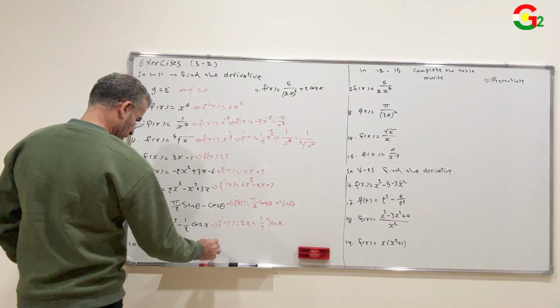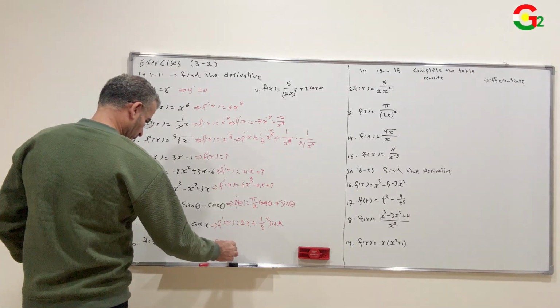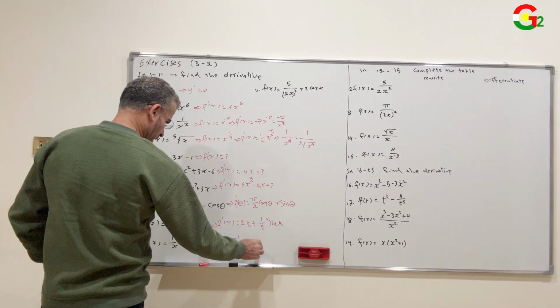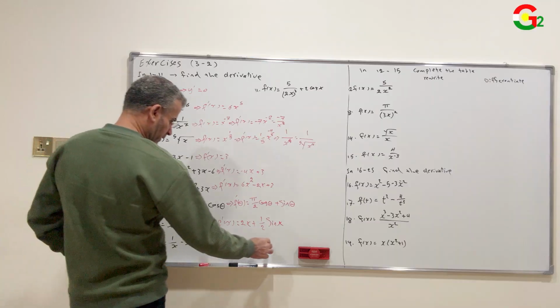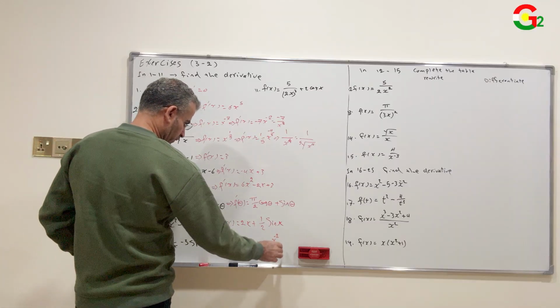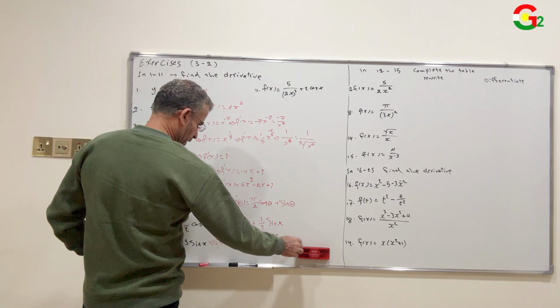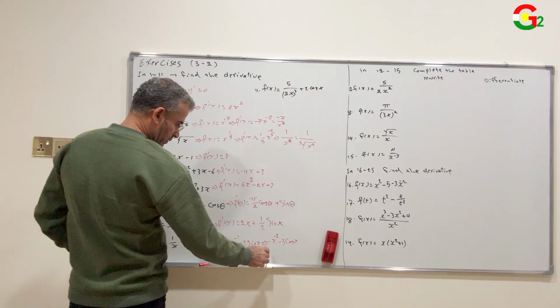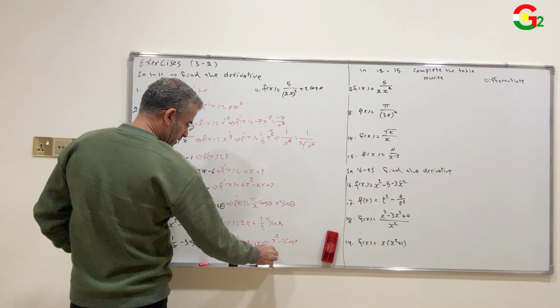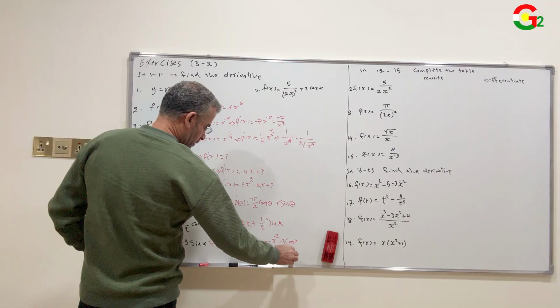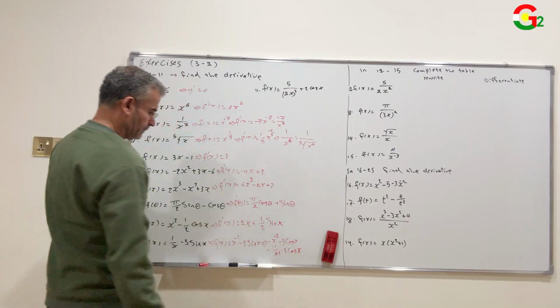Rewrite this function as f of x equals x to the negative 1 minus 3 sine x. Then the derivative is negative x to the negative 2 minus 3 cosine x, and you can rewrite it as negative 1 over x^2 minus 3 cosine x.